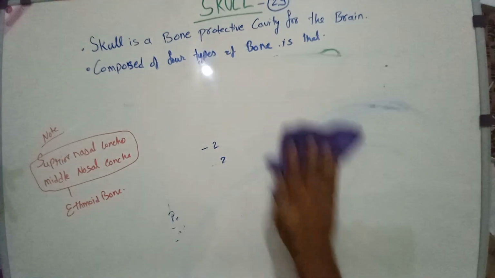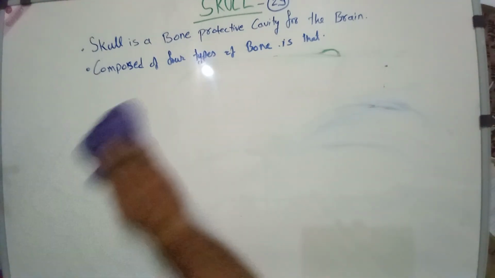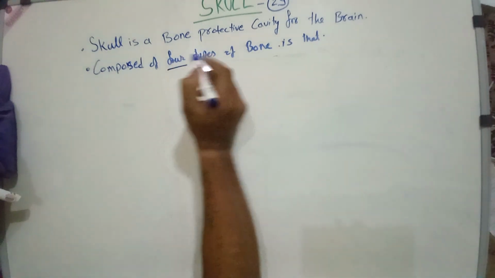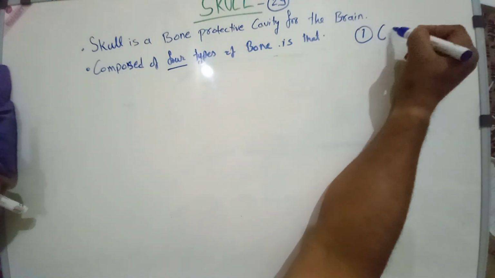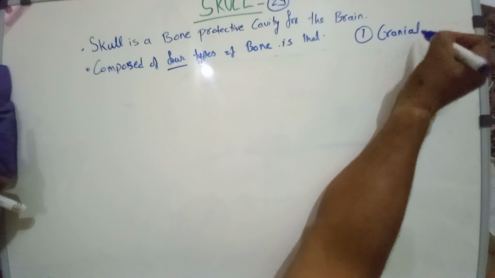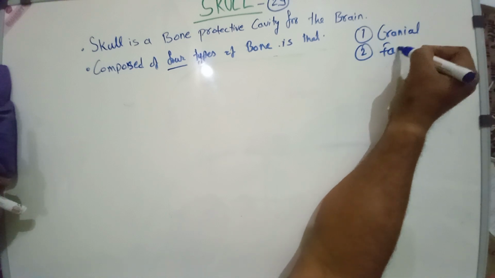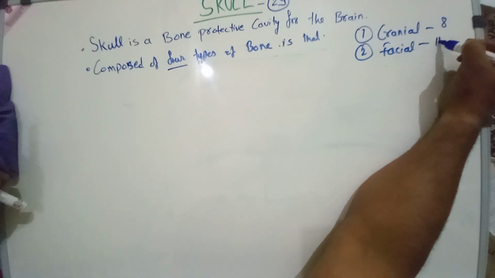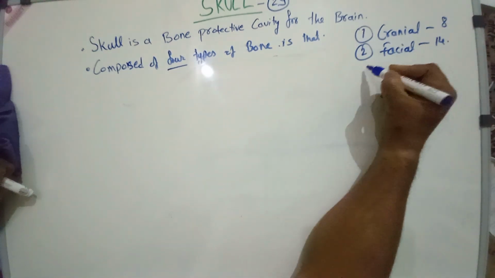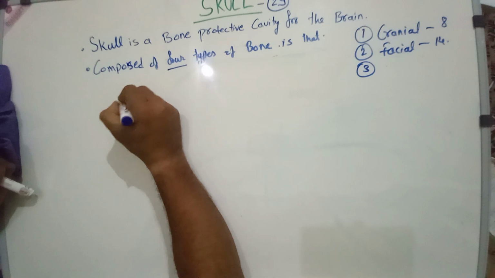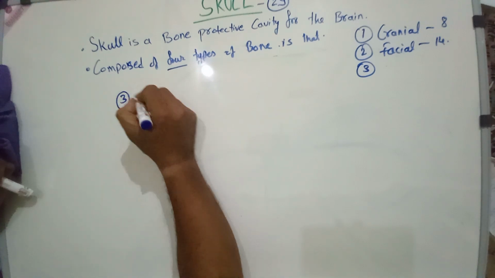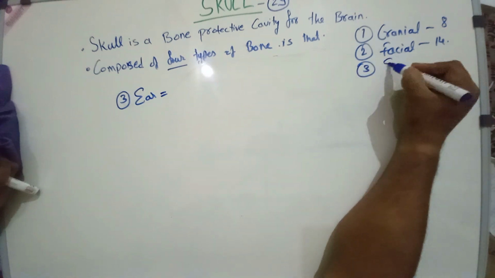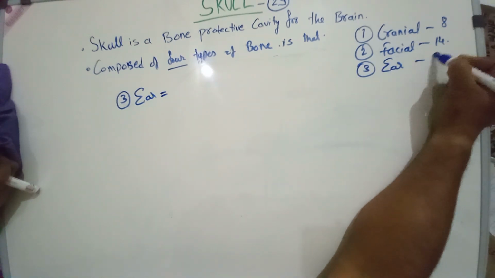What is the topic of the third one? We will differentiate them. First one is cranial, second one is facial. How many cranial? Cranial are 8 bones and facial is 14. And third one is ear bone. How many are they? 6 in number.